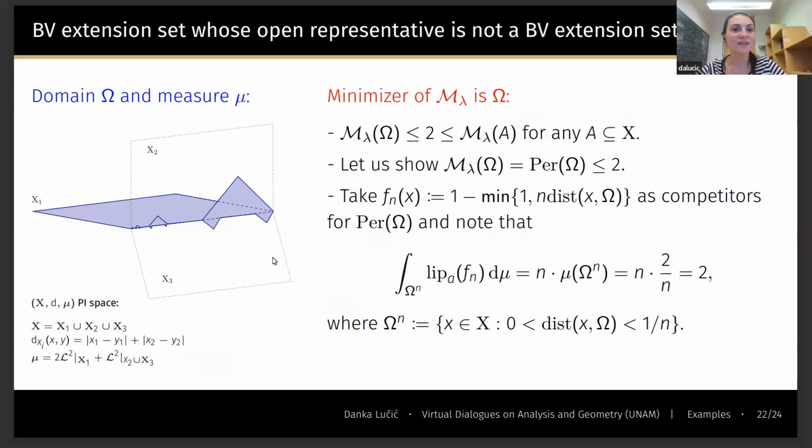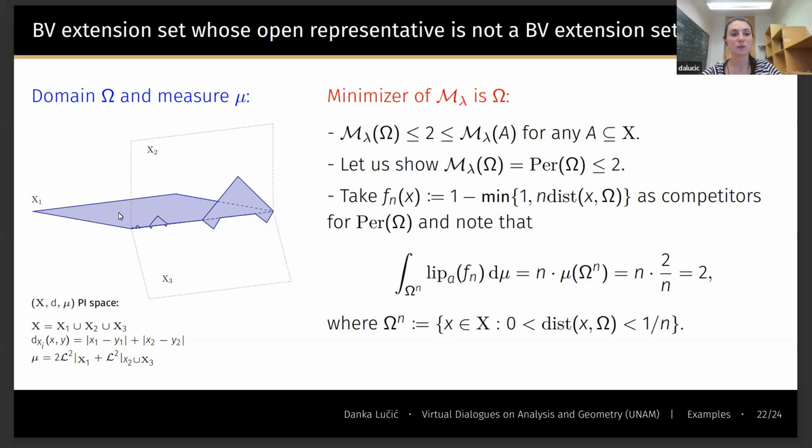And the other example is telling us that even if we have an open representative, it might not be a BV extension set. So the example is somehow similar. Still, in this example, your space is made of 3 copies of planes, which are glued along this, say, unit interval here.